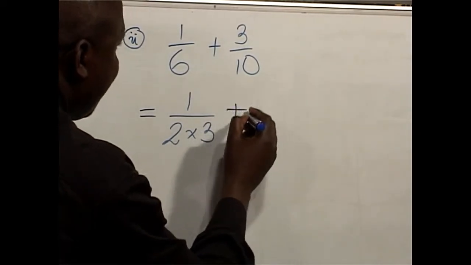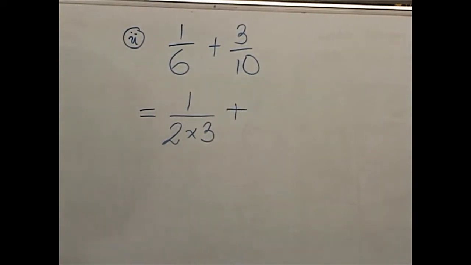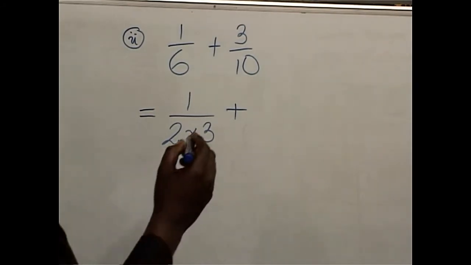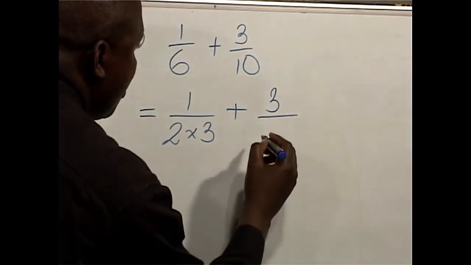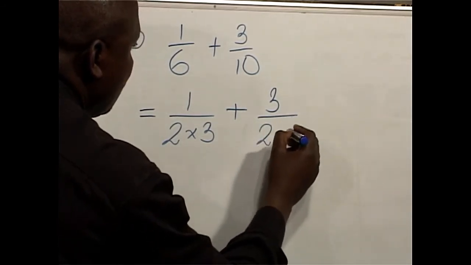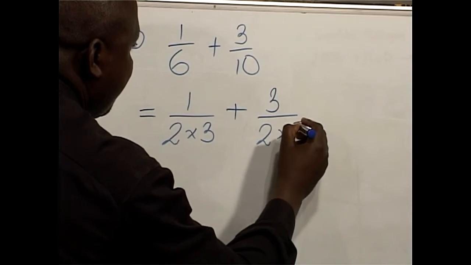If you have to think about the two numbers which are prime, and when multiplied will give you 10, you will realize that the two are going to be 2 and 5. So this second one will be expressed as 3 over 2 multiplied by 5.